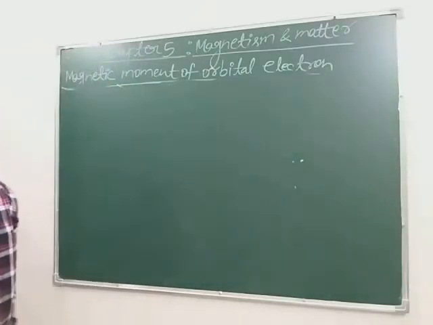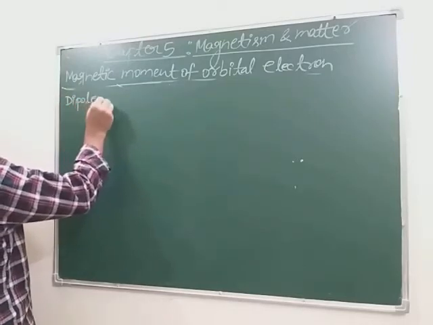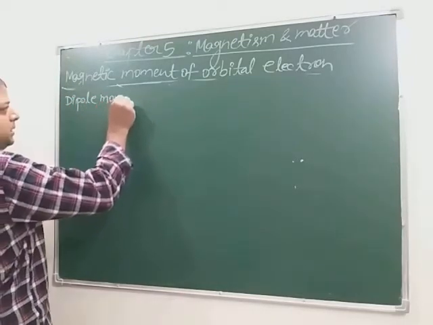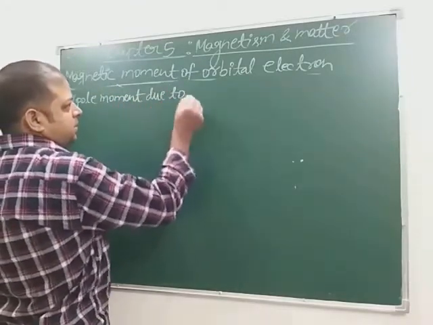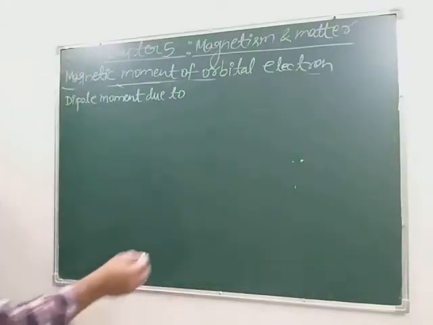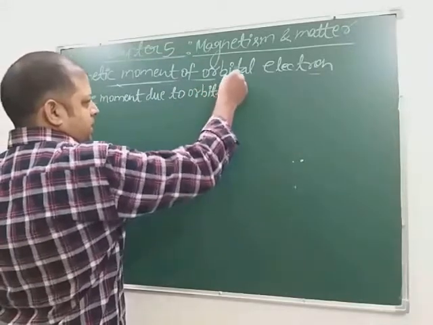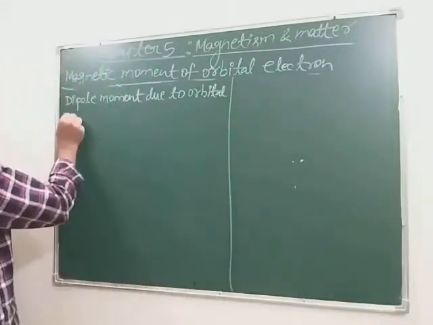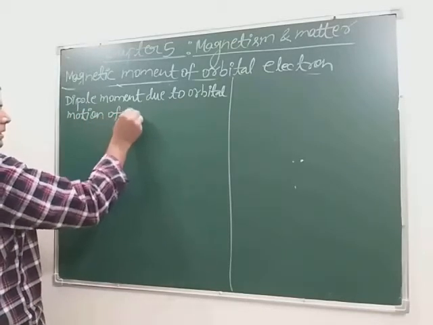Okay, then the next one is dipole moment by orbital motion of electron. Dipole moment due to orbital motion of electron.